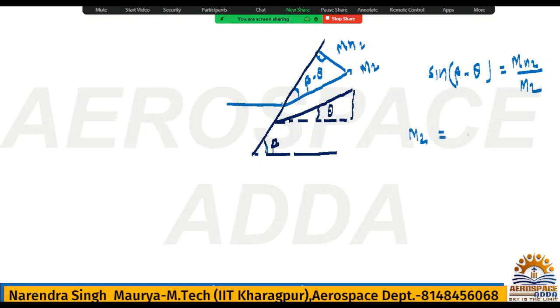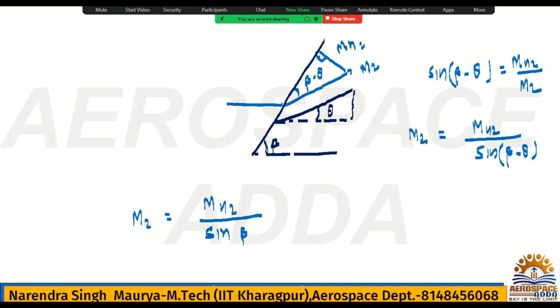Once we know Mn2, then M2 will be Mn2 divided by sine beta minus theta. So this is a very special formula. Directly one time they had asked this formula here.